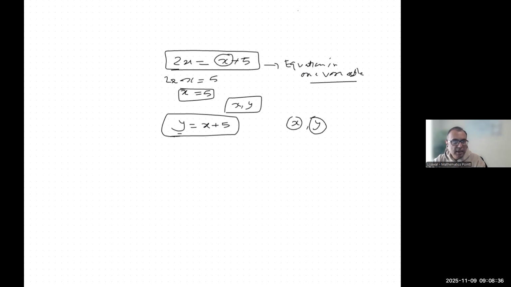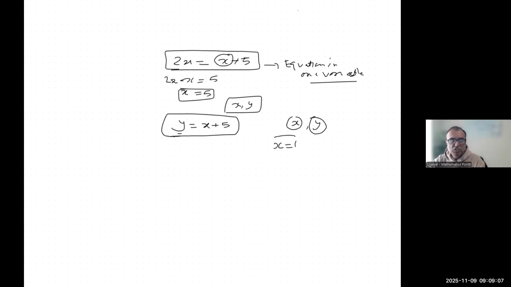If I say x is equal to 1, then what will y be? Just testing your understanding here. Good, 6. What we've done here is substituted.